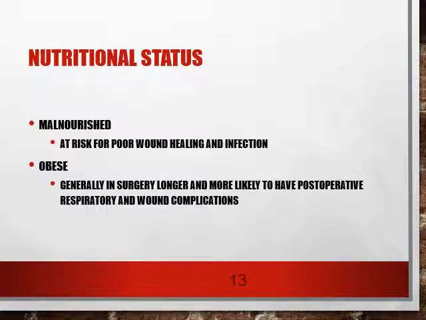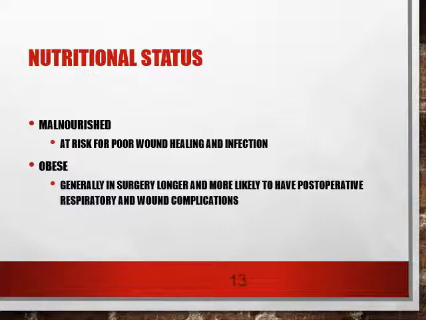Nutritional status. So if they're malnourished, they're going to be at risk for poor wound healing and infection. And if they're obese, so that's two extremes, obese patients are generally in surgery longer, and they're more likely to have post-op respiratory and wound complications. Well, why is that? Well, because they have a big belly, and that's going to impede their lungs expanding.